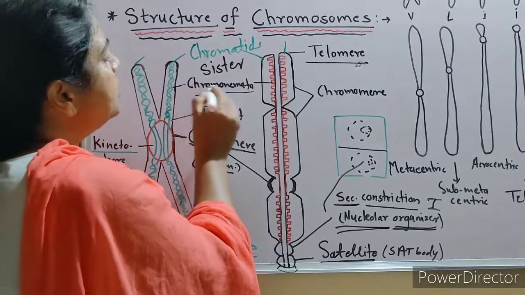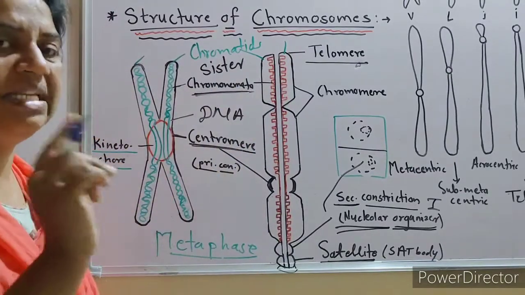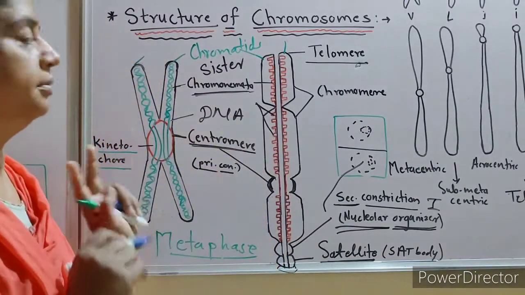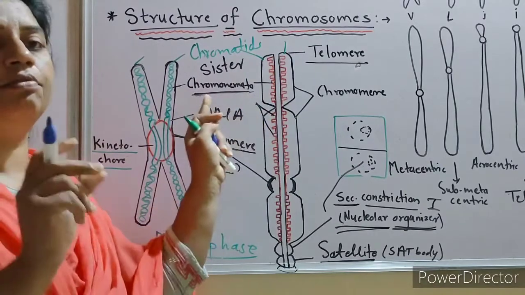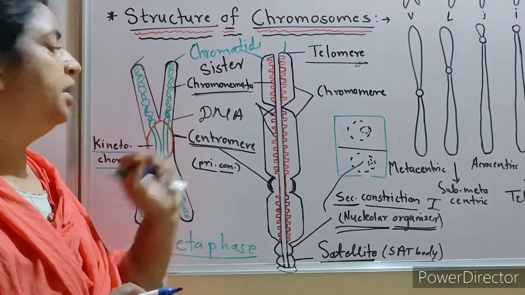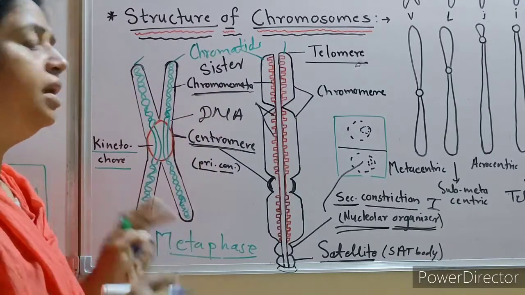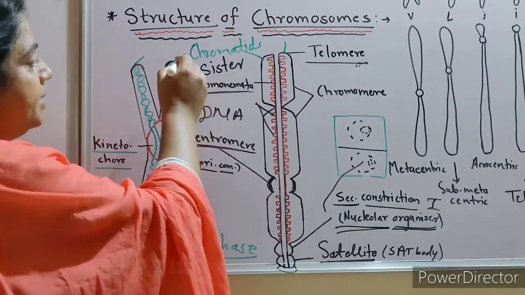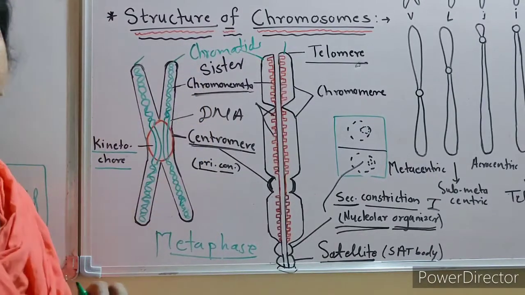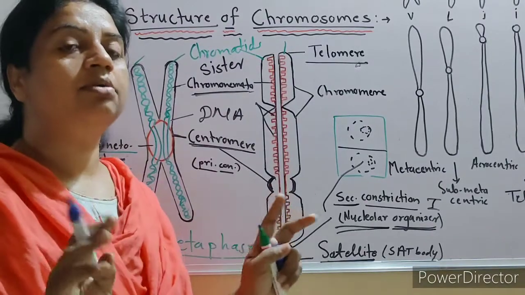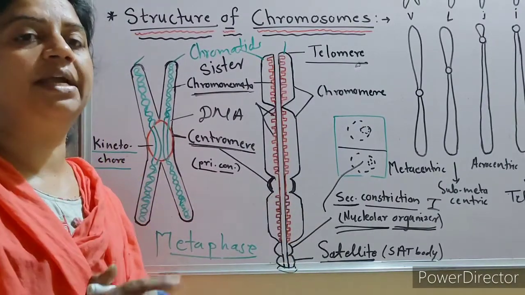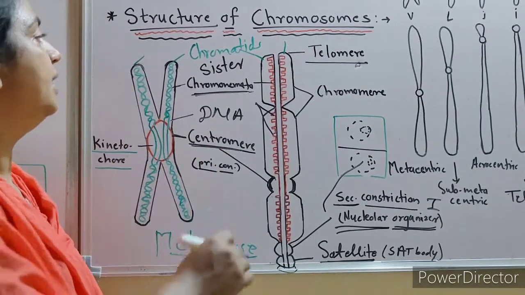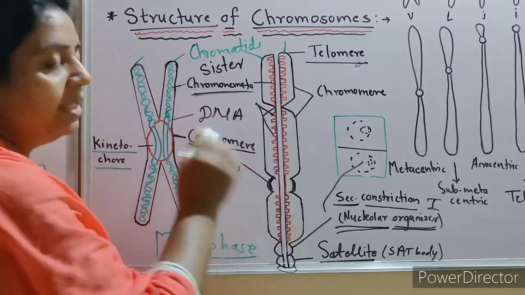This coiling of DNA is called chromonema, singular, and chromonemata, plural. This chromatid has double-stranded DNA which extends from one end to another end of the chromosome. It is not single-stranded; it is double-stranded. Single-stranded is only RNA.